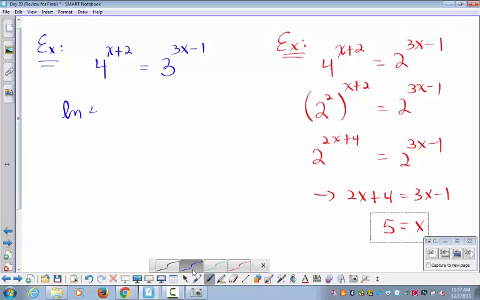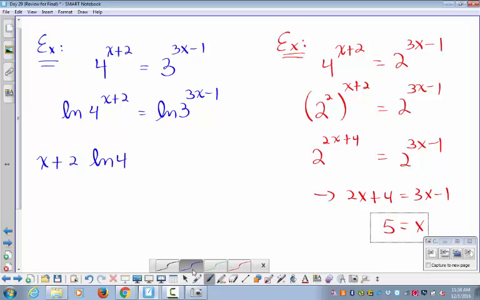Most of the time, our preference is to use the natural log. So we're going to take the natural log of both sides of the equation. And then what do we do with those powers? They drop down in front as multipliers. And here's one of the most common mistakes. Those powers, both of them, are binomials. So when you bring those down, you have to make sure that they stay wrapped up in parentheses.